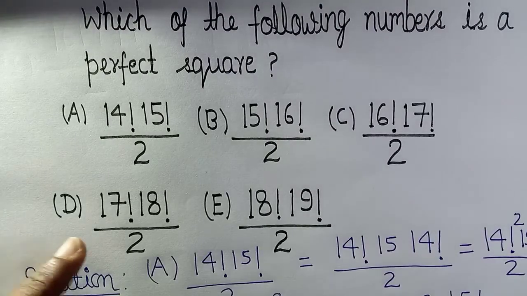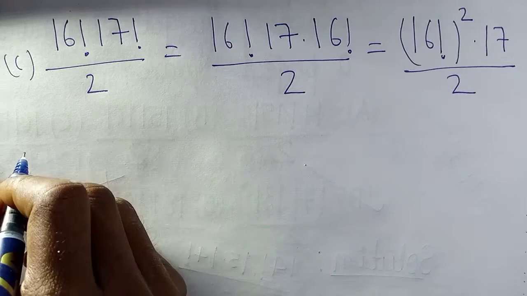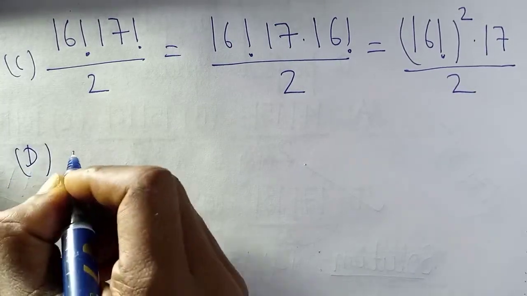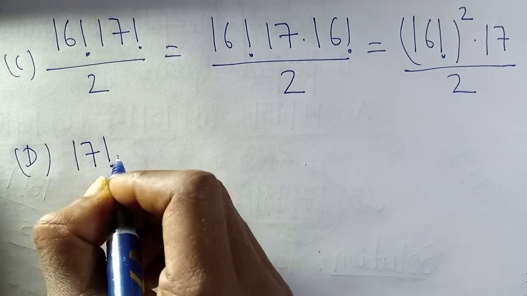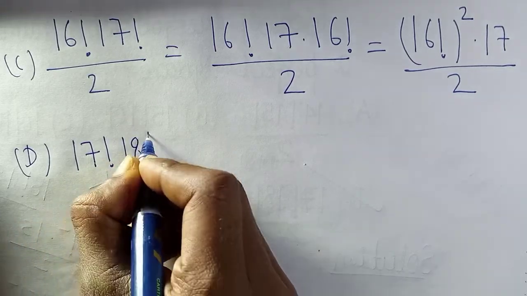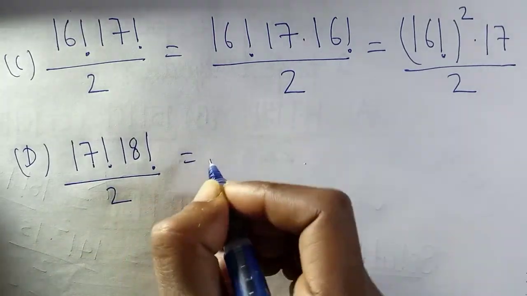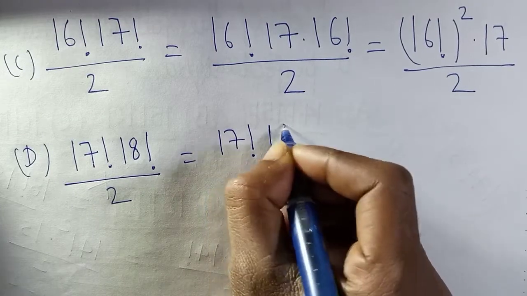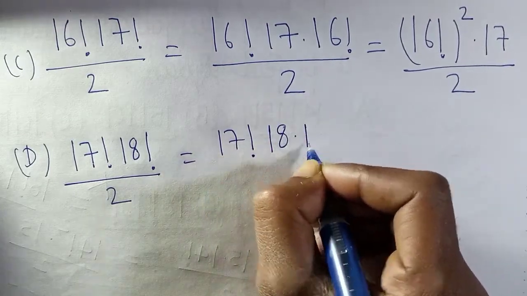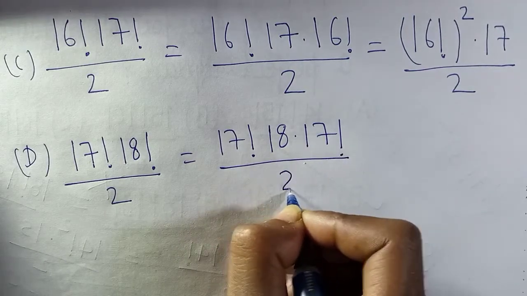And option D is factorial 17 times factorial 18 over 2. So we can write option D as factorial 17 times 18 times factorial 17 all over 2.